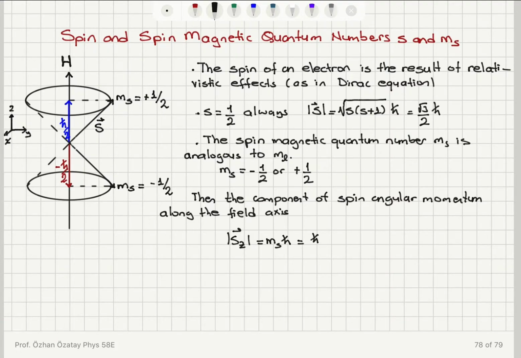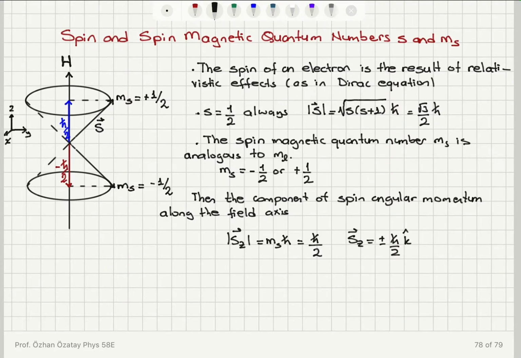Since I put the absolute value here, the magnitude is h bar over 2, but S sub z can be plus or minus h bar over 2 in the k hat direction.